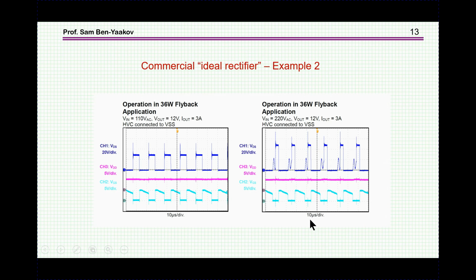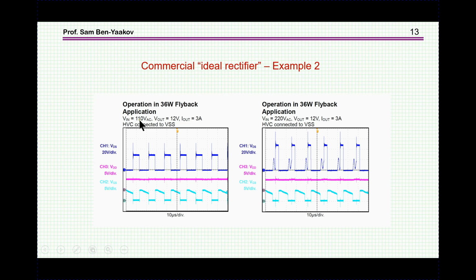So here we have some typical waveforms provided by the manufacturer in the datasheet. This is the secondary side, this is VDS of the transistor, this is the gate voltage, and you see very clean, nice waveforms.